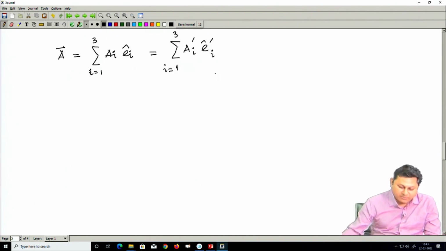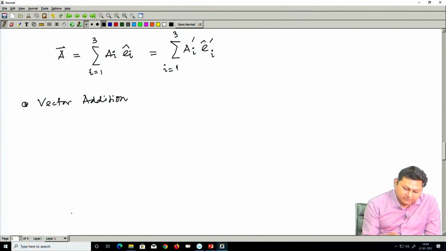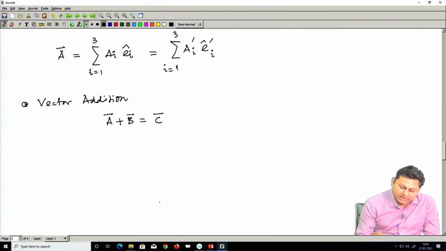These are well known properties, but still I think I should mention them. One is vector addition. Vector addition suggests that A plus B equals C vector, and we can add these vectors with certain laws that we know.